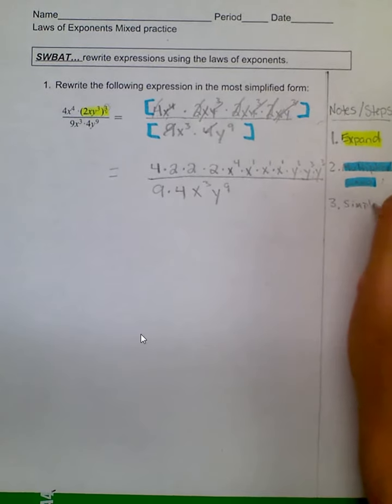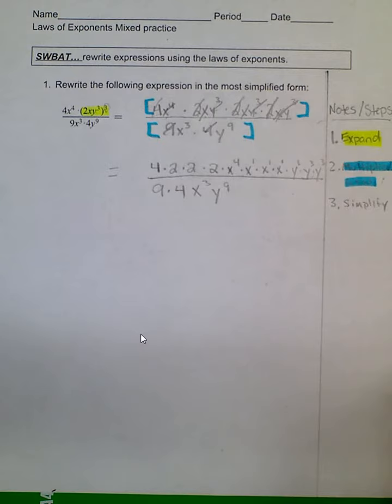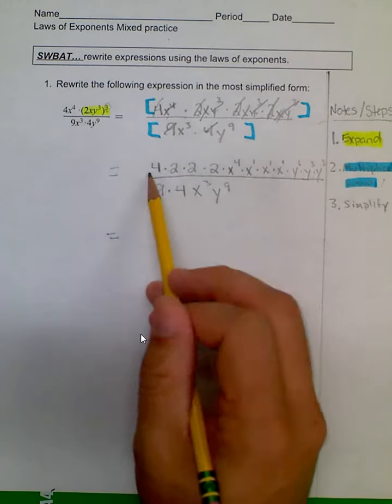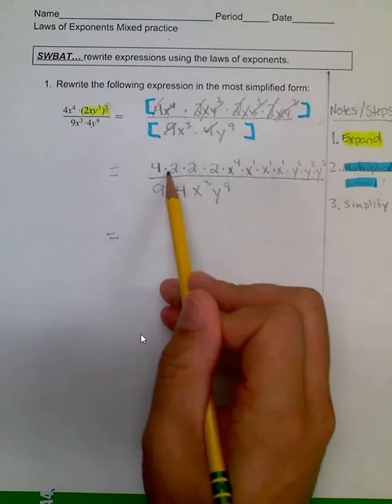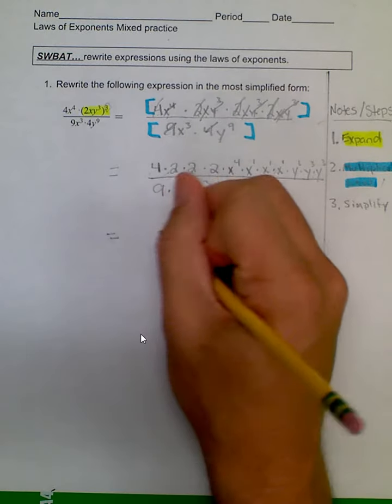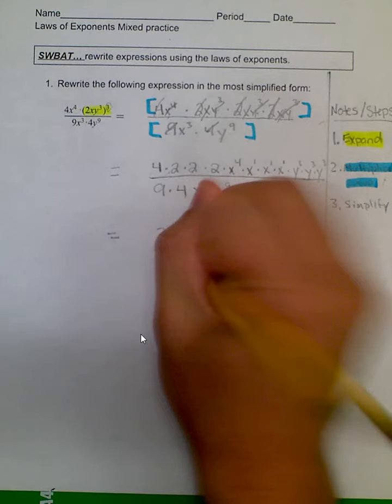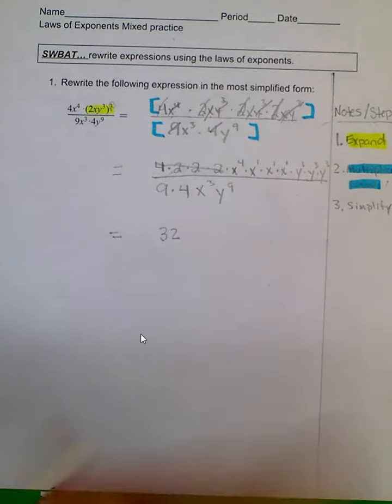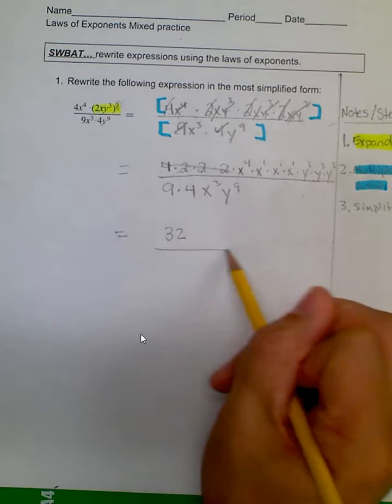So I'm going to simplify, which basically means clean it up, make it neater, make it shorter, and we can do that pretty quickly. Let's see. 4 times 2 is 8, times 2 more is 16, times 2 more is 32. So multiplying the numbers on top gives me 32. Again, I'm going to keep my answer in a fraction here.